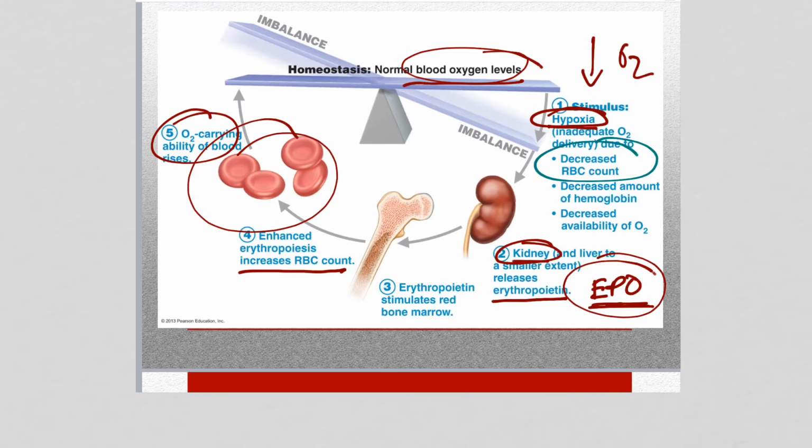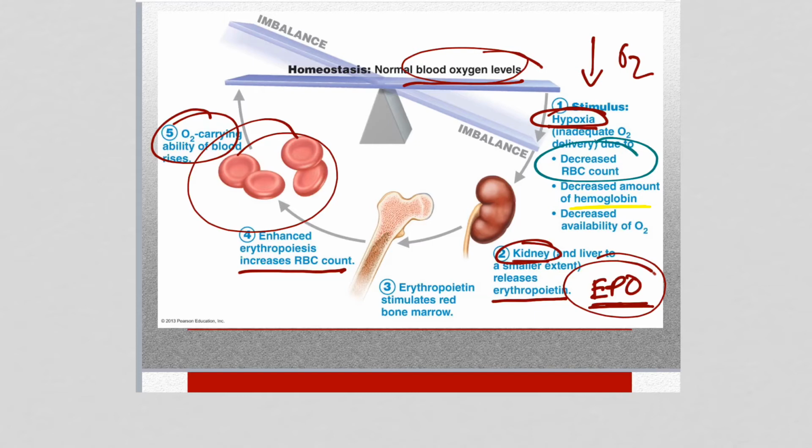Like, for example, if you had excessive red blood cell destruction, or if you were hemorrhaging, then you would have a low number of red blood cells. That would cause hypoxia. It could also be that you might have the right number of red blood cells, but maybe they don't have adequate hemoglobin. So you have a decreased amount of hemoglobin.